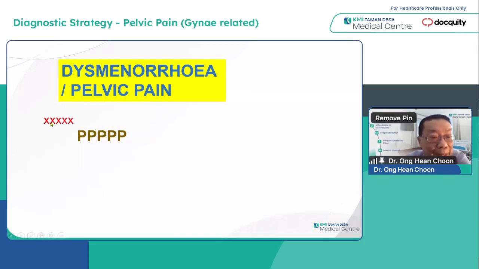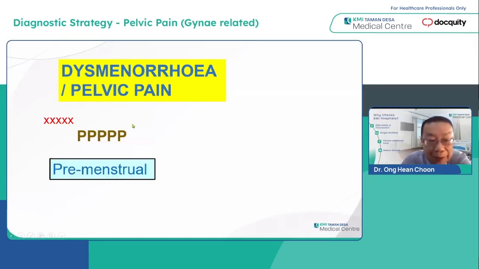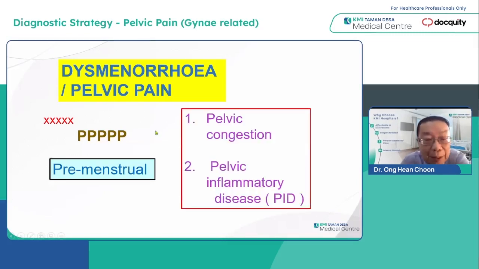Now, pain can occur before the onset of the period, and this would be called premenstrual pain. It is commonly due to pelvic congestion, which I'll describe in a moment, or perhaps the presence of pelvic inflammatory disease, or in short, in gynae, we call it PID.